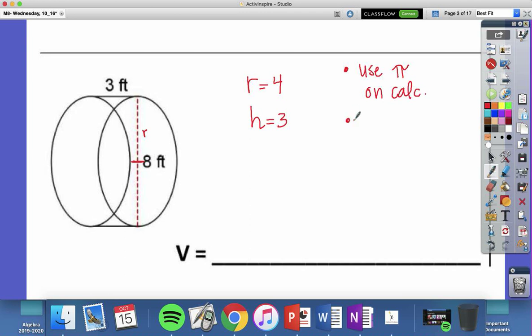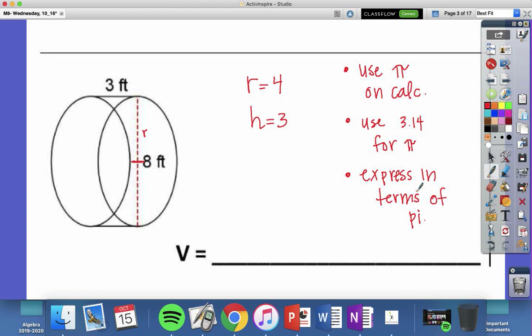They might tell you to use 3.14 for pi, or another option is they may say sometimes express in terms of pi. So it's just a matter of preference of how they want you to work the problem out. So we're going to look at what it would look like all 3 different ways.